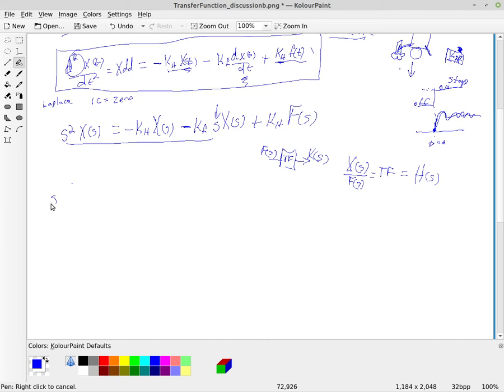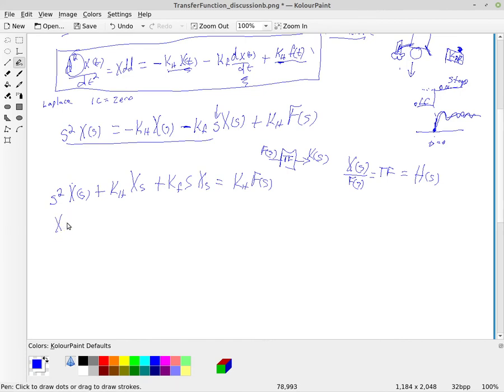So I'm going to move all the x's over to the left side. That gives me s squared X of s plus k_H times X of s plus k_F s times X of s, and that's all equal to my k_H times the forcing function. Now we can factor this out.